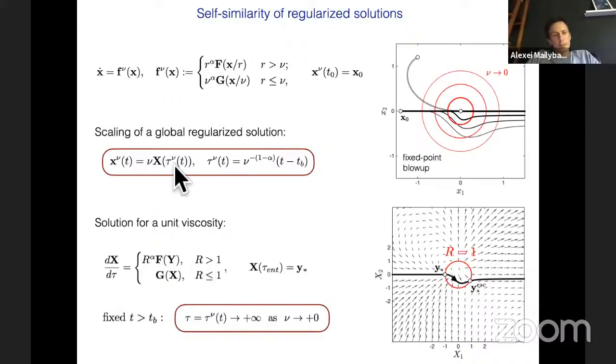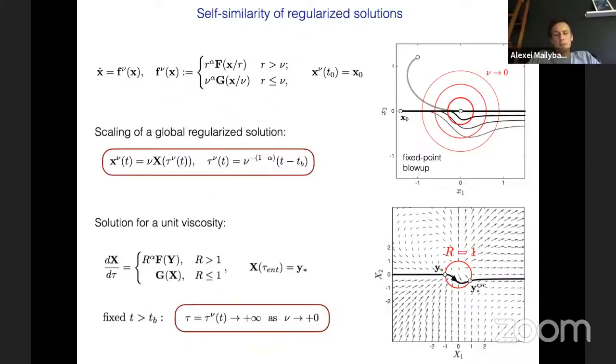What you can see is that if you want to find the solution at some given time after the blow up, as nu becomes smaller and smaller, your time tau should become bigger and bigger.